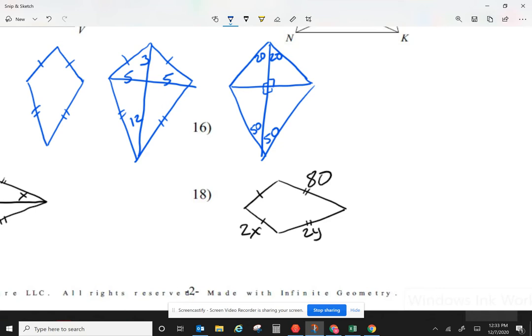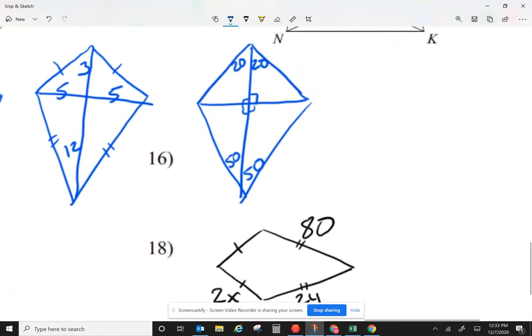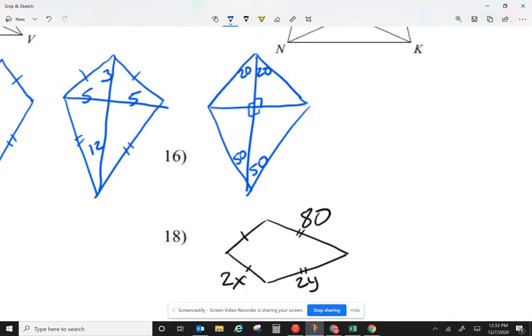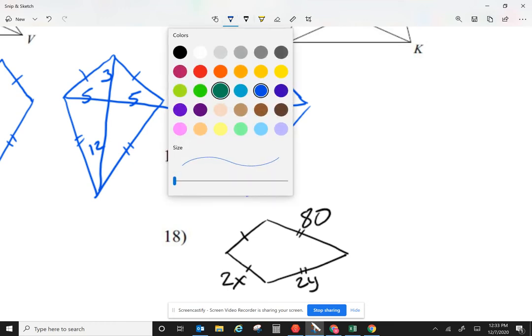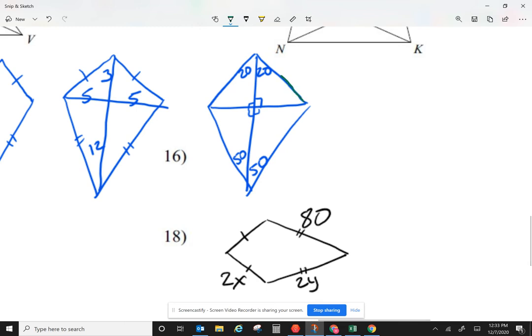Now, the angles at the side, they're not quite going to be cut in half. But let's take a look. The cool thing on the kite is that diagonals cut it basically into 4 triangles. Let me take a look at one of my triangles. I know 2 of my angles: one angle is 20 and another angle is 90.